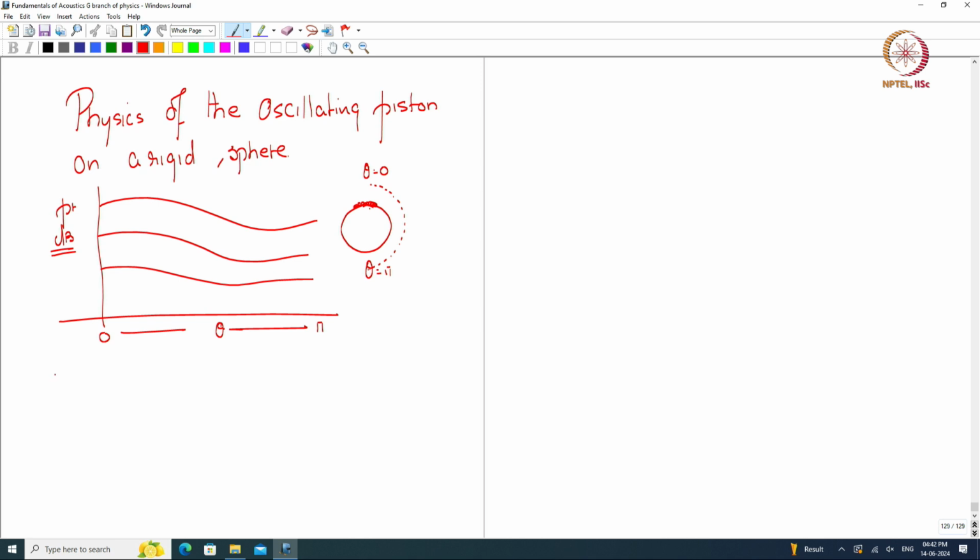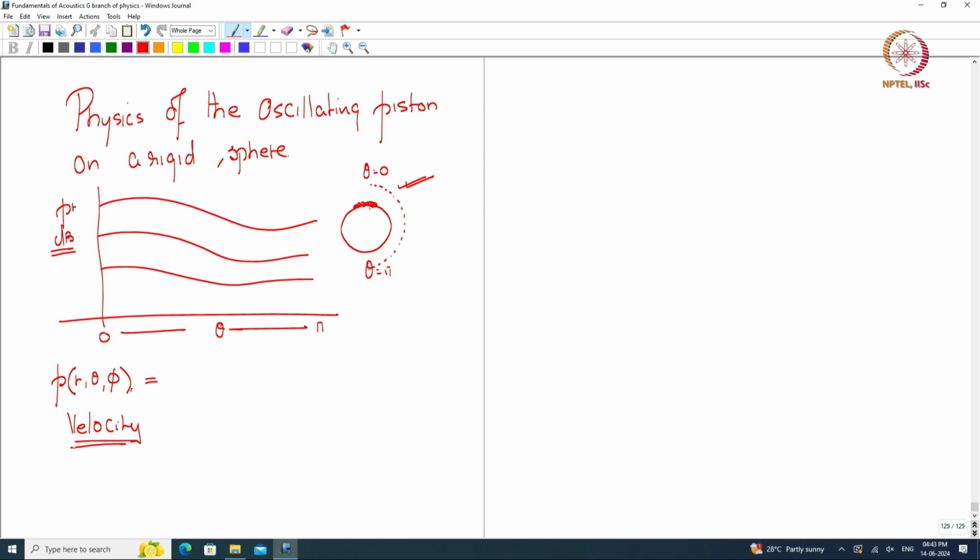Now one thing I just want to emphasize is that the general pressure expression, or even let us say phi, let me put a phi also, will have somewhat of the following form if it is driven by a velocity condition, like it is in this case, in a piston in a baffle, and the pulsating sphere. In all those cases it is driven by a velocity.